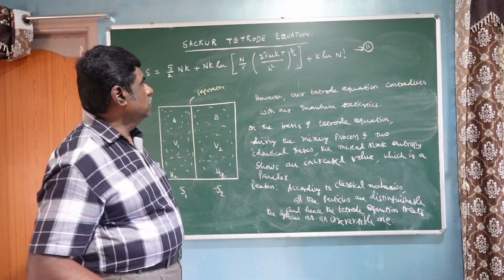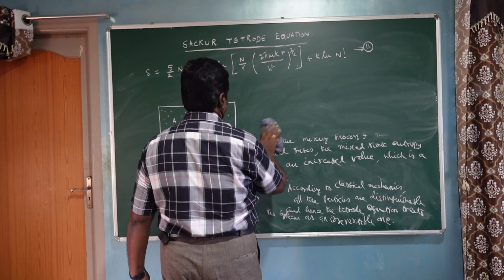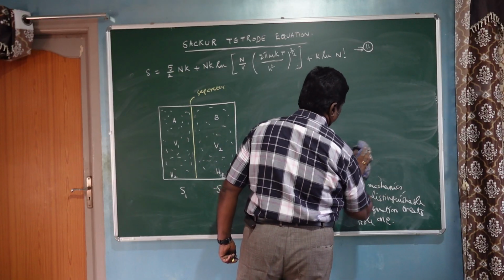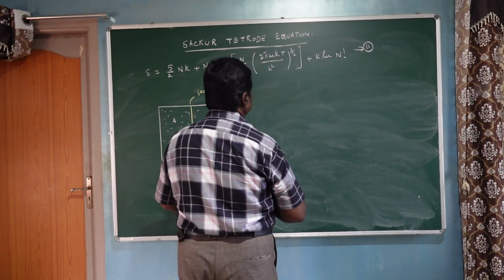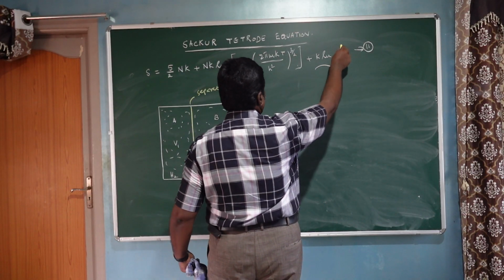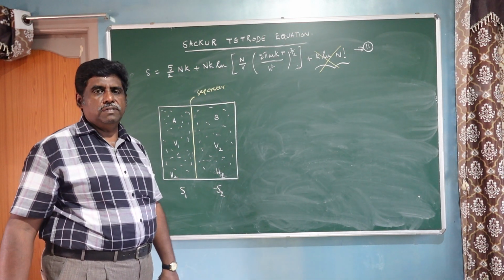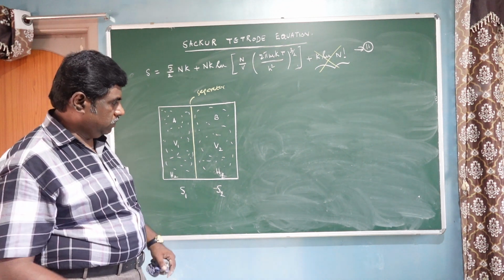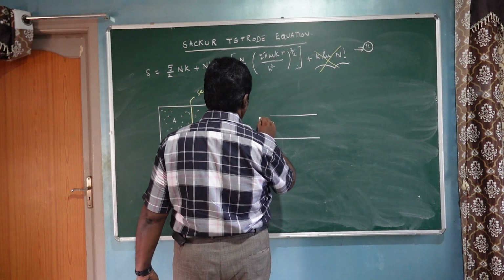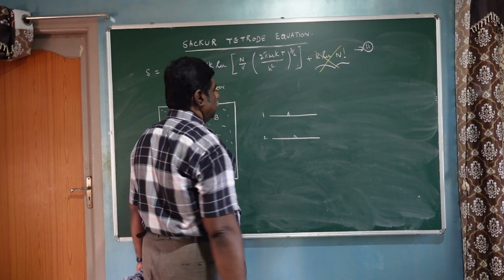To resolve this paradox, we have to discard the last term present in equation 11. To remove the paradox, we have to discard the last term. If you discard this term, the paradox existing with our Sackur Tetrode equation is removed, because while arranging particles, A and B are two particles which are arranged in states 1 and 2.